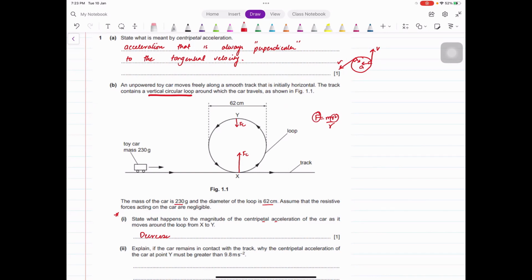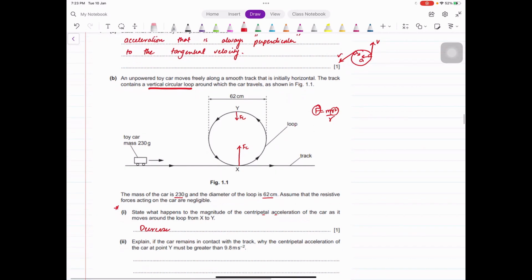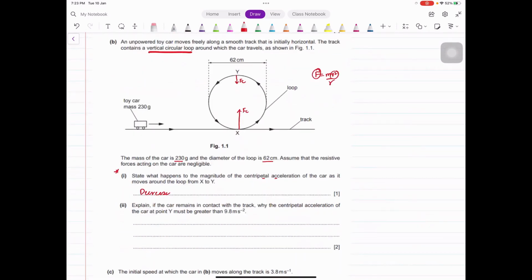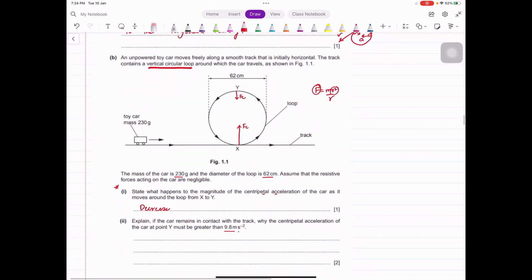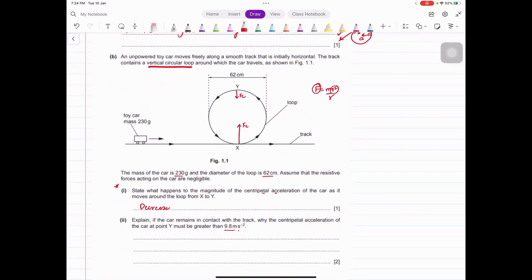Now it says explain, if the car remains in contact with the track, why the centripetal acceleration of the car at point Y must be greater than 9.8. If you go back into the question, there will be the weight of the car acting and the reaction force.